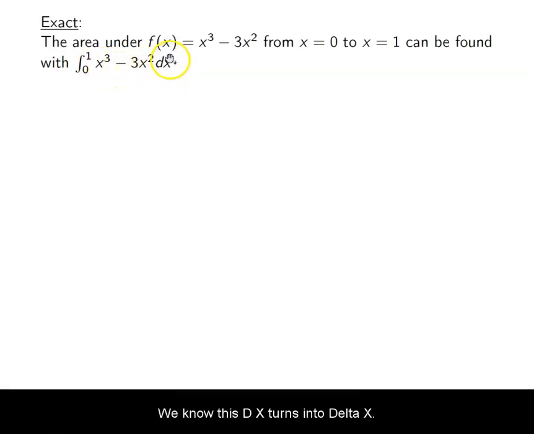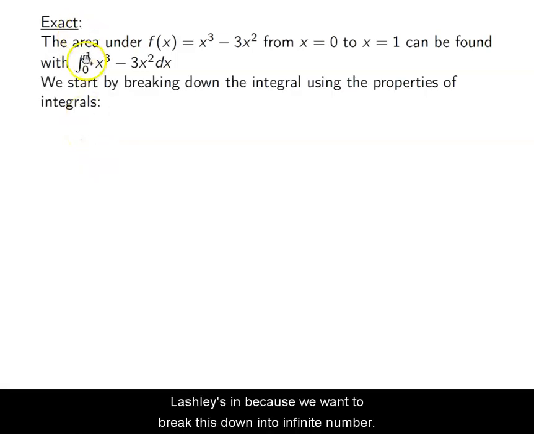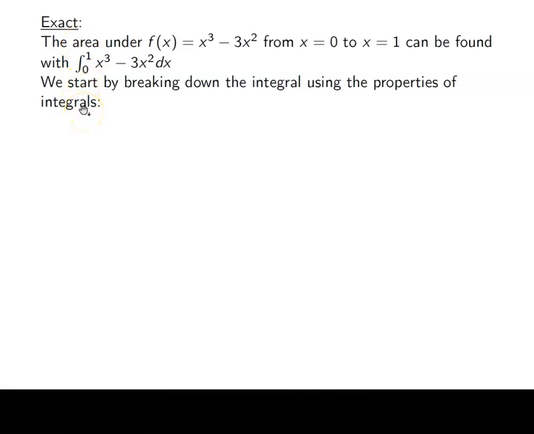We know this dx turns into delta x. This integral sign gets replaced with the summation sign, and our starting index is 0 and our ending index is n, because we want to break this down into an infinite number of rectangles, right?